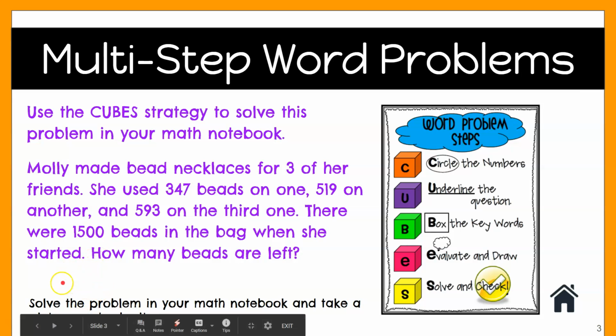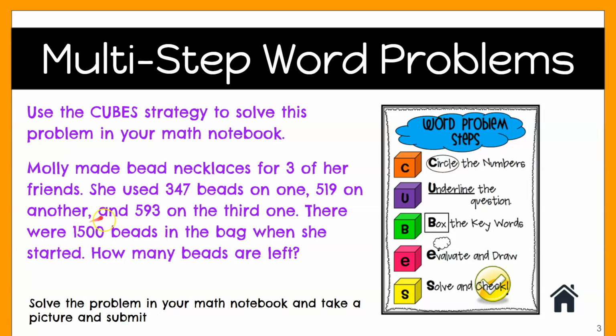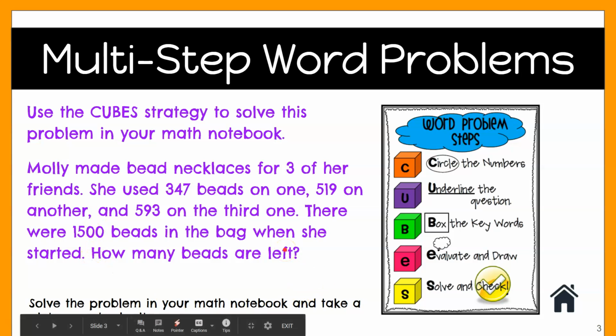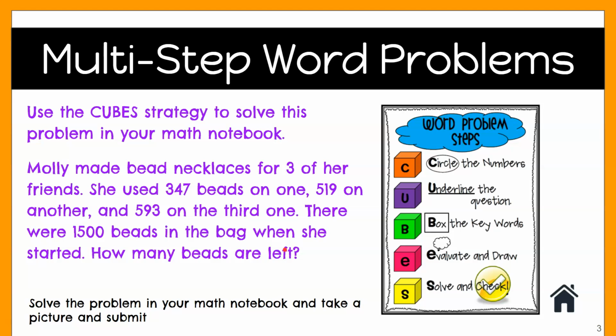Number lines can be pretty helpful when we have numbers with zeros. So I would maybe do a number line. You could do the standard way, however, sometimes we make mistakes when we make our columns. So when you're done with that, continue the video or pause here and do the rest of your work.